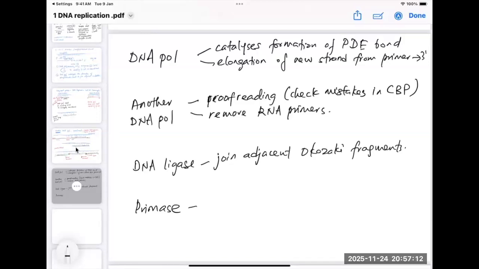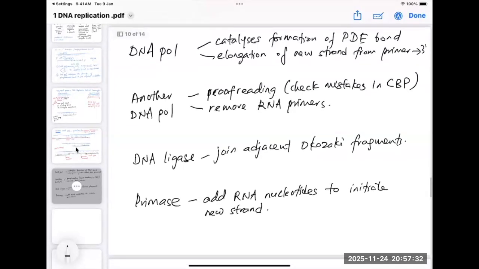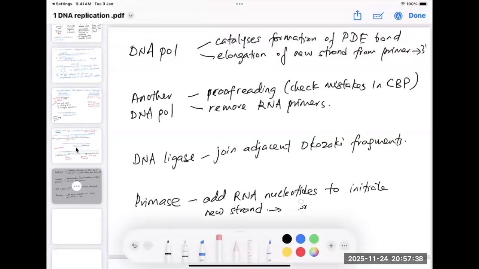Okay, and primase, this is to add RNA nucleotides to initiate the new strand. Okay, that means to synthesize a short primer.